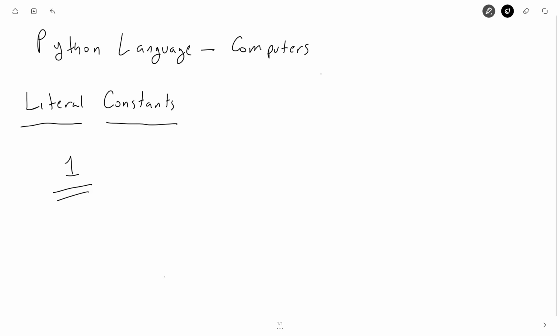So literal constants come in different forms. For example, 1, 2, 3, 3.5, 1.25, 1.357.